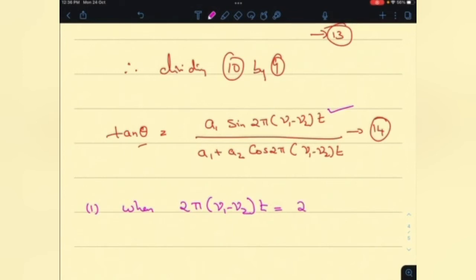Look. So my amplitude is, I'll just pick this up, the 13th equation.